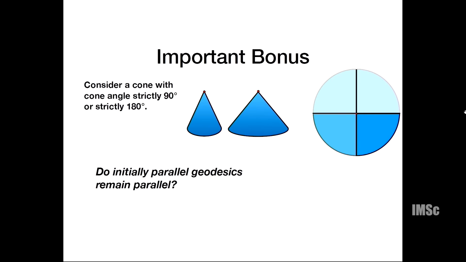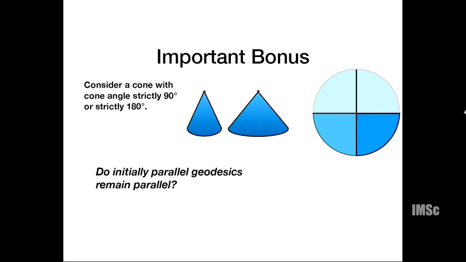So this is a more important bonus question, which is, again, coming back to the question about parallel geodesics on a cone. Like I said, the 90-degree cone is kind of special in that geodesics that are initially parallel will always remain parallel. And using this n-sheeted cover, we can see why that's the case. A few of you noticed that in the examples you built. If they're parallel, you can just look at this 4-sheeted cover, which is in fact the entire Euclidean plane, and follow your geodesics along.